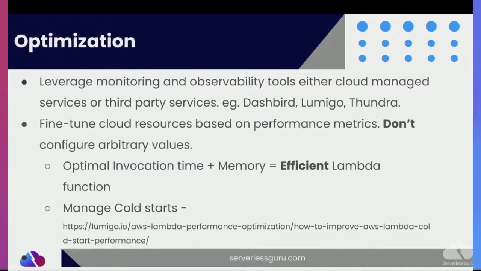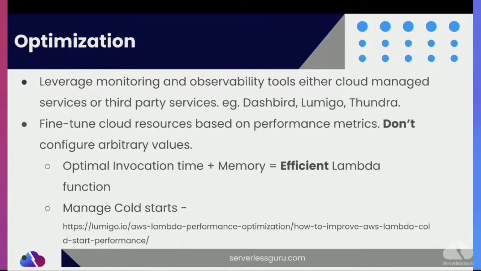So with these historical values, you can make informed decisions on managing the memory and the invocation time of your microservices. We also have third-party tools like Dashbird, Lumigo, and Thundra, which are developed with a serverless mindset. So they are excellent tools as well if you would like to explore them.